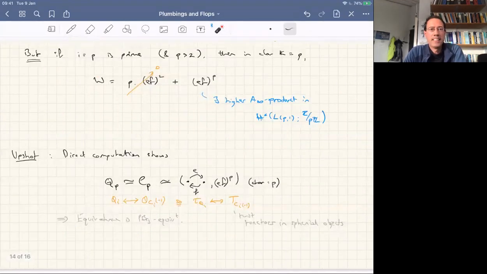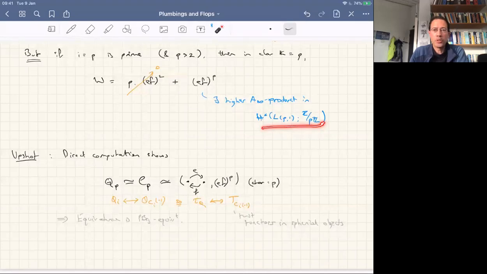But clearly, if I is some prime P and I work in characteristic P, then this P·EF squared term, whose existence I just argued for, disappears. But that was coming from knowing the cohomology groups of the lens space. I actually know more about the cohomology of a lens space. It's a classical fact that with Z mod P coefficients, the lens space L_P^1 has a non-trivial higher A-infinity product.